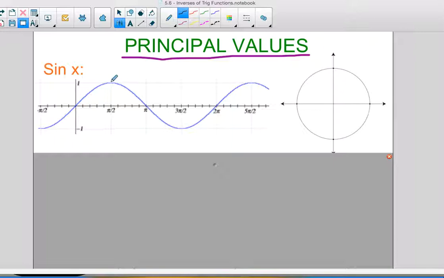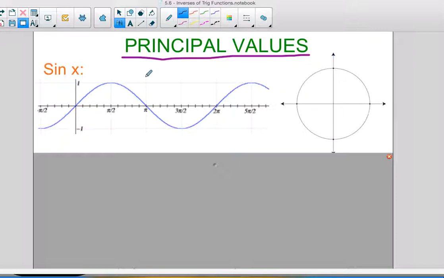So why don't we just cut it off between pi over 2 and pi? Well, that's great, none of the y values repeat, but you don't get all of the y values. You don't get any negative y values between pi over 2 and pi. You only have positive ones. So we don't want to cut it off there.